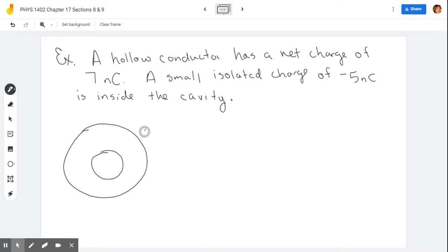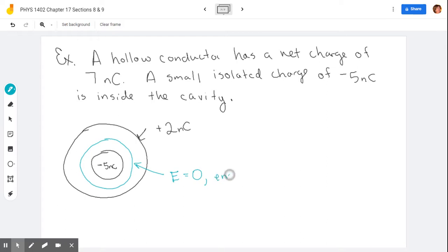We know that this conductor contains positive 2 nanocoulombs of charge, and somebody came along on the inside and they added a small negative 5 nanocoulomb charge. Our Gaussian surface, I'm going to draw right here in the middle. We know anywhere in this conductor that E is equal to 0, which means what?